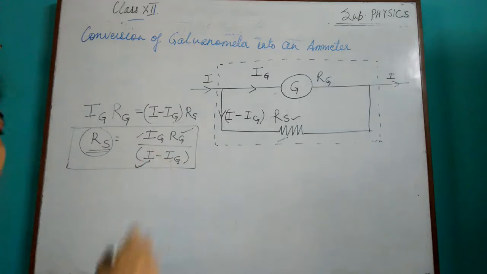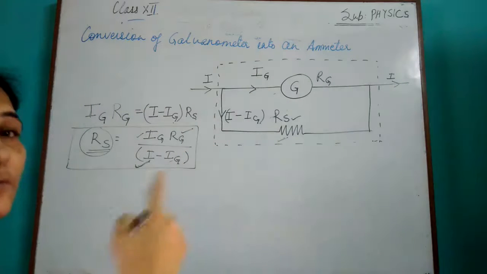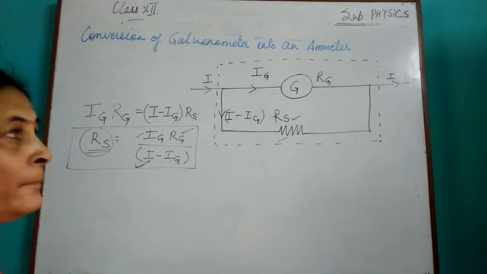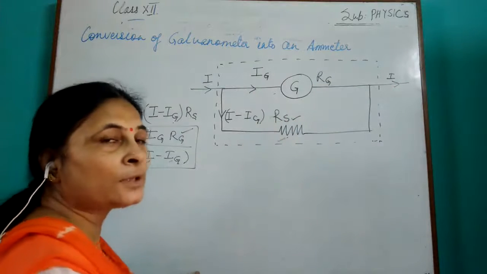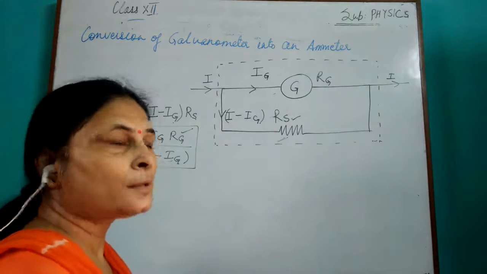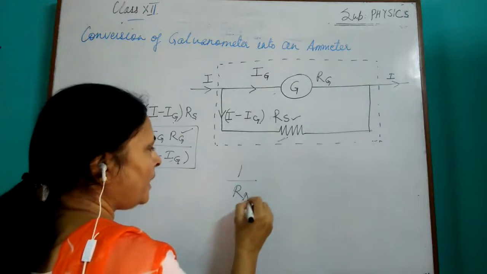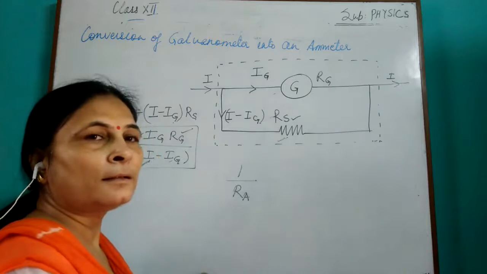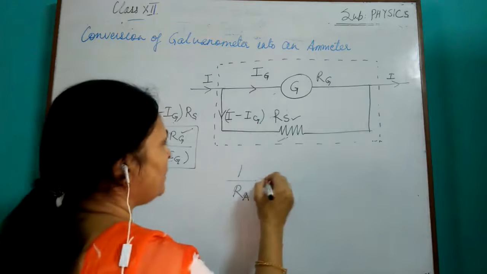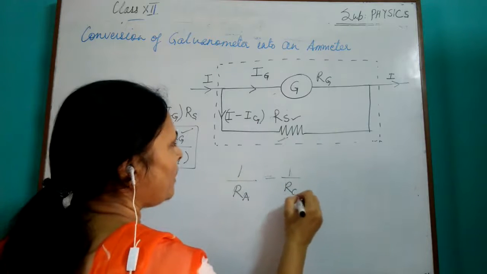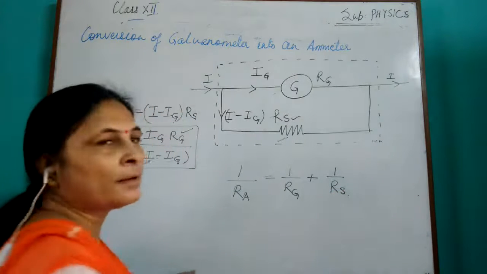Now as we had said, the galvanometer has a high resistance. What shall be the resistance of this combination, or an ammeter? See, there are two resistances connected in parallel. So certainly the resistance is going to be smaller. If Ra is the resistance of the ammeter so formed, then 1 upon Ra is equal to 1 upon Rg plus 1 upon Rs.